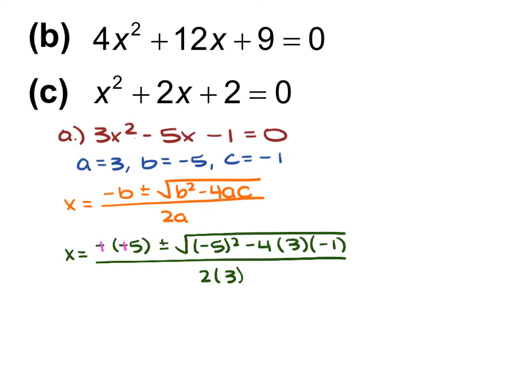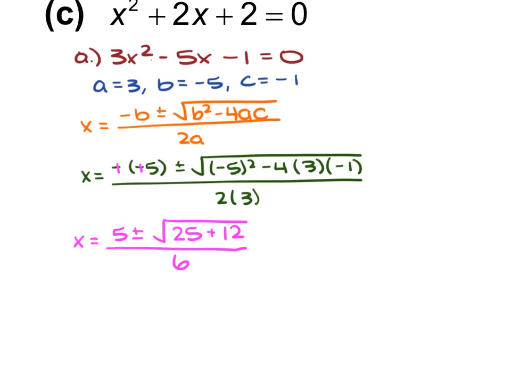The opposite of negative 5 is a positive 5, so x is equal to 5 plus or minus the square root. Negative 5 squared is 25. Negative 4 times 3 is 12, times the negative 1, the positive 12. All right, so 2 times 3 on the bottom is that 6.